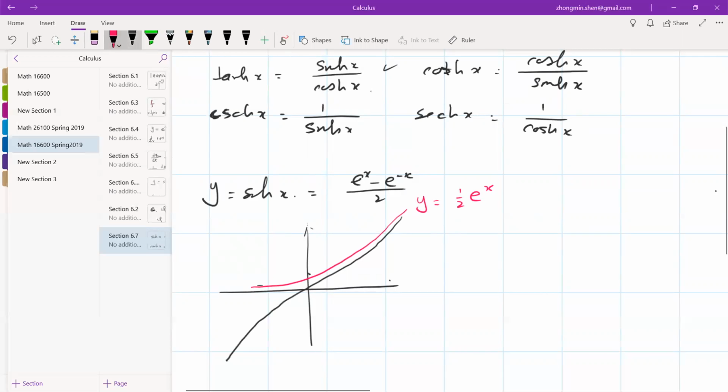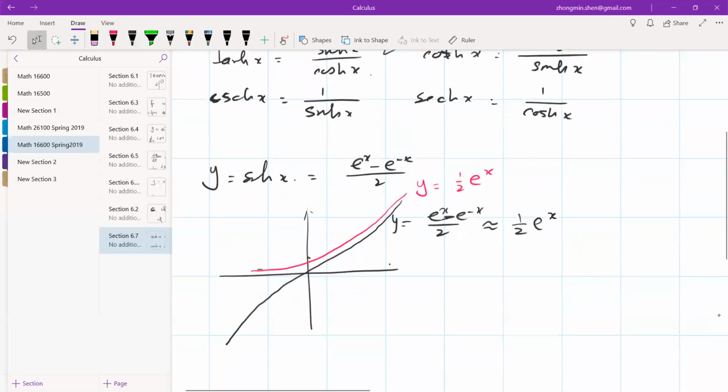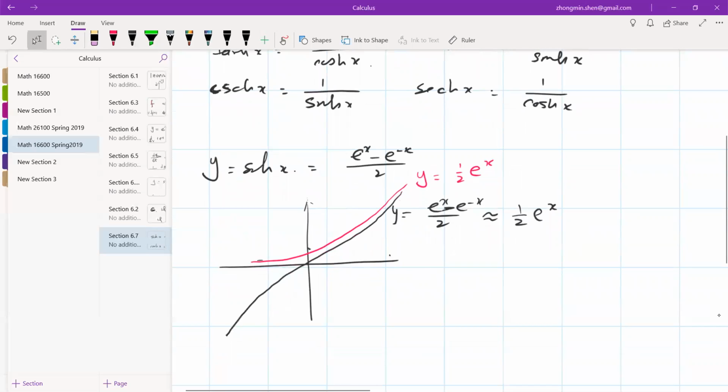The reason is the second term is almost equal to 0. You can see that, and the other side is similar. So it's an increasing function. Then the inverse exists.